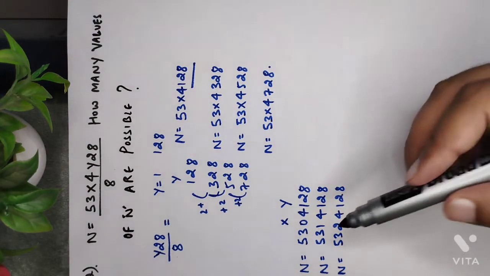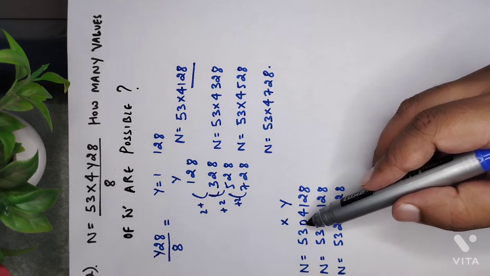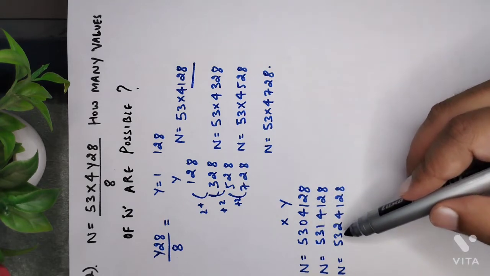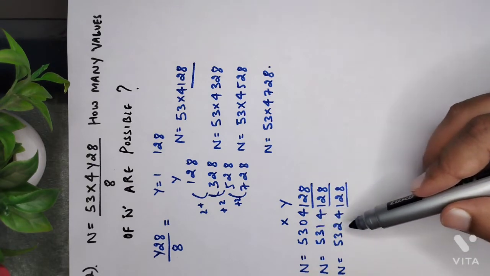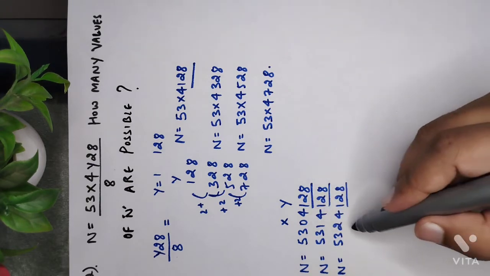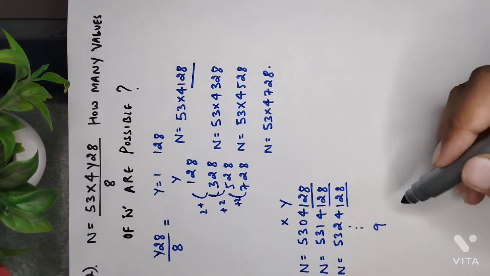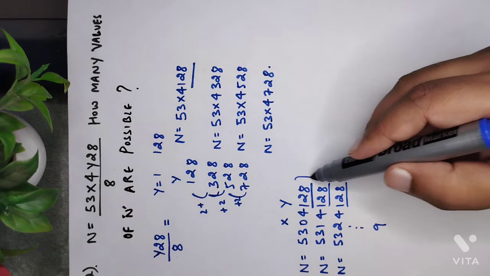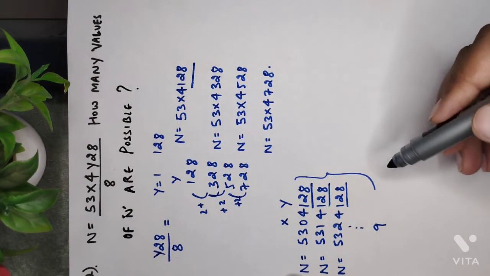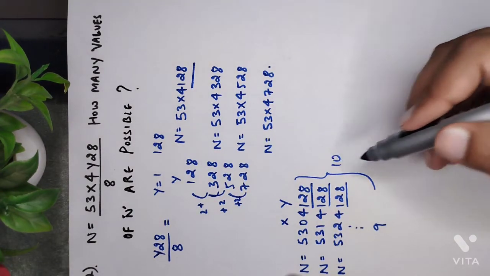Whatever the value of x I keep, it does not matter, we just have to see the last 3 digits. So we can keep all the values from 0 till 9. How many numbers do I have here? I have 10 numbers over here.